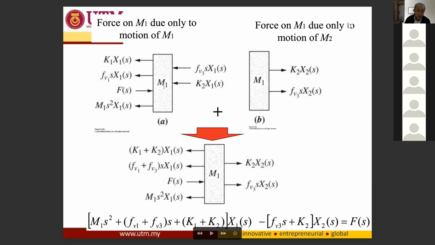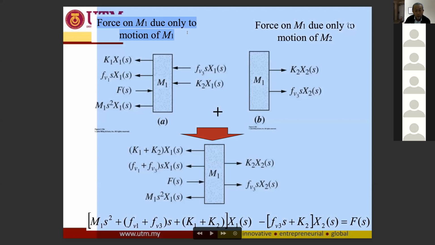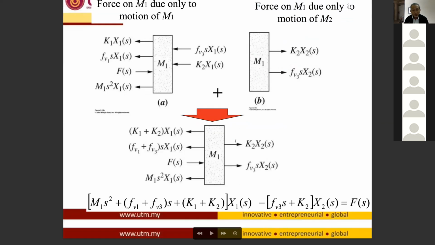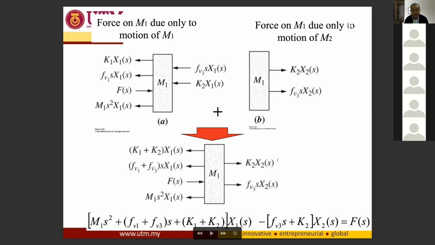So in this case, we write here: force on M1 due to motion of M1 is shown on the left, and force on M1 due to the motion of M2 is shown on the B. Then we sum up the total for M1, as shown here, and you get the force equation according to the arrows.